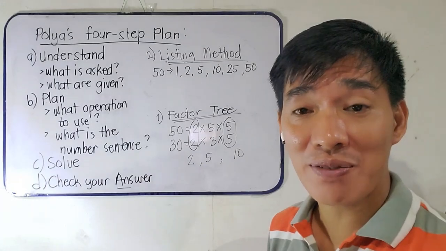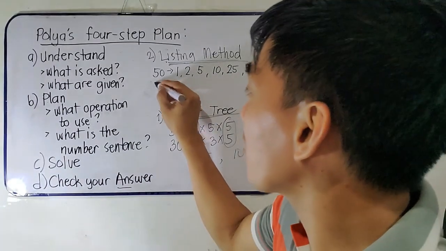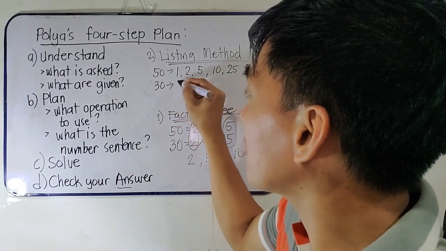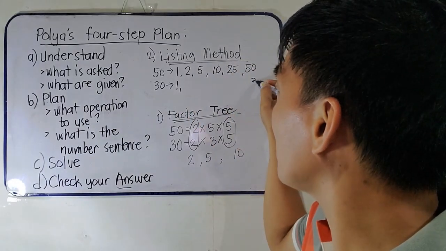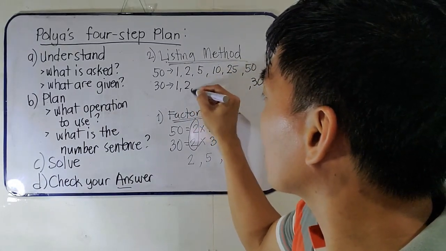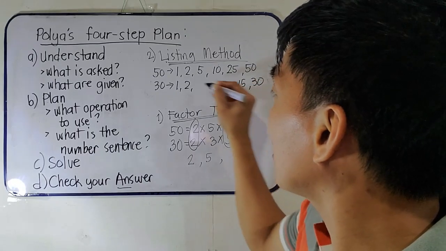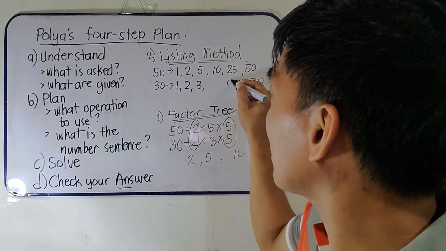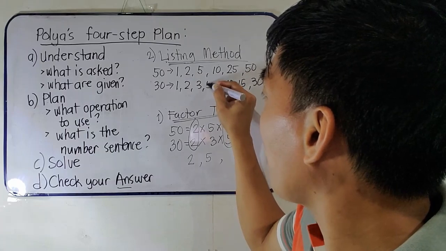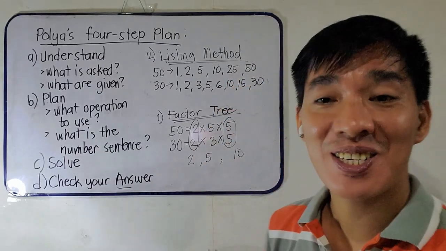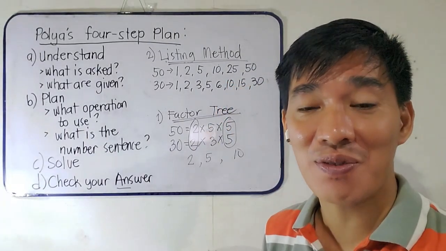So those are the factors of 50. For 30, the factors of 30 are 1 times 30, next is 2 times 15, next is 3 times 10, next we have 5 times 6. So those are the factors of 30.